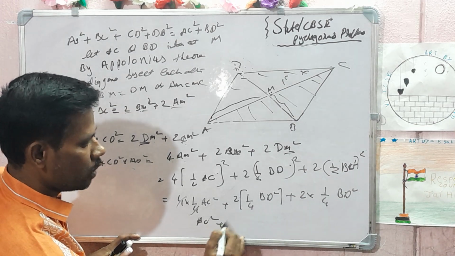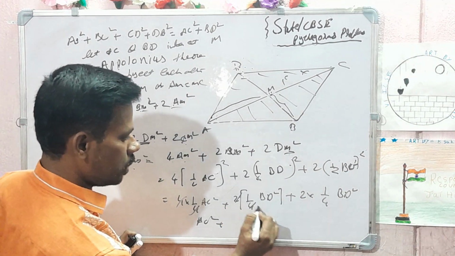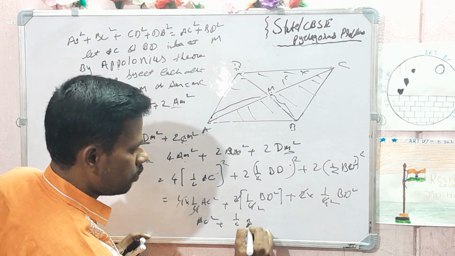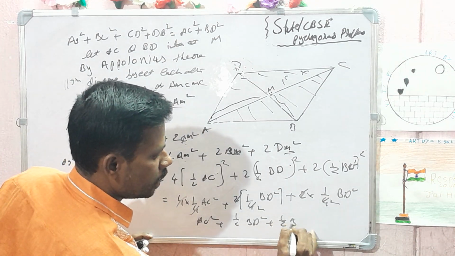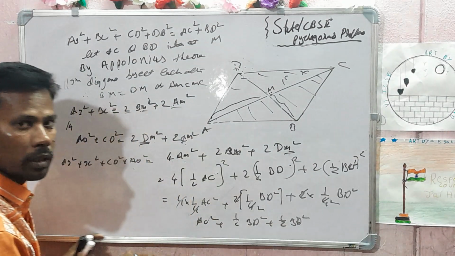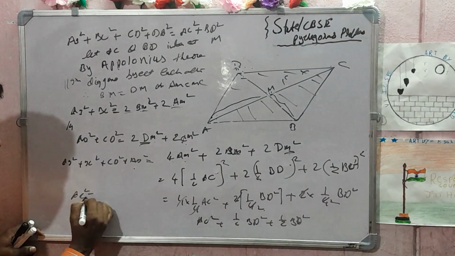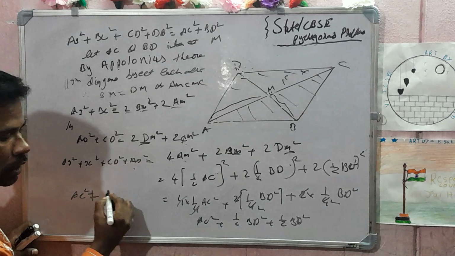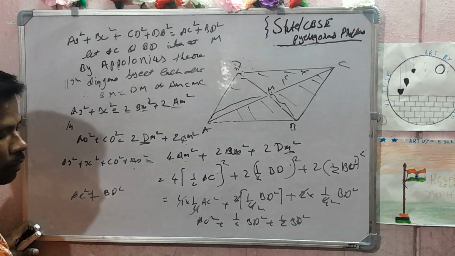So AC square is equal to half of BD square plus half of BD square, right? So AC square is equal to half plus half BD square, which is nothing but BD square. Half plus half is 1.